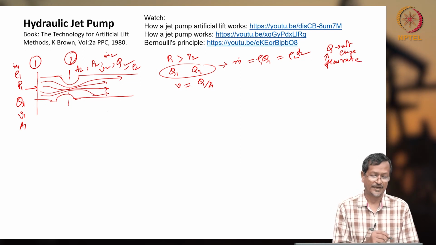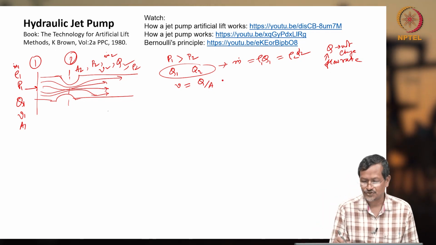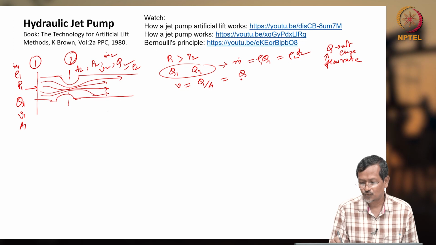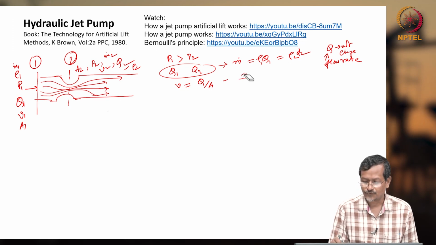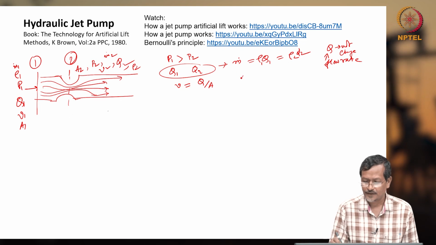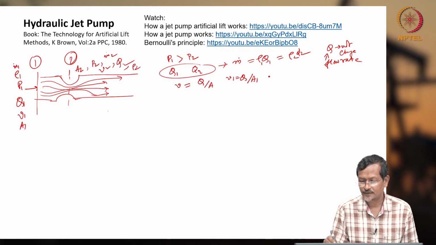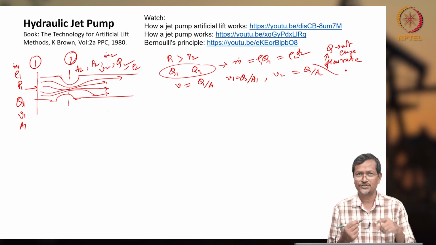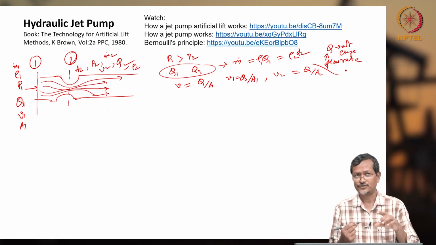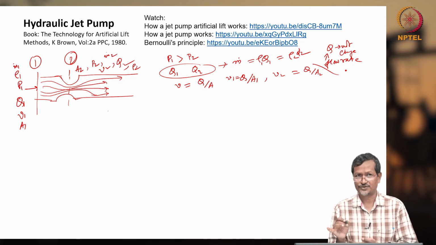Section 1 has a larger diameter and section 2 has a smaller diameter, so the area is changing. So the formula will be V1 equals Q by A1 and V2 equals Q by A2. Area is changing, flow rate is not changing, so velocity is changing. So whenever solving a Venturi meter or jet pump problem, velocity changes while flow rate does not.